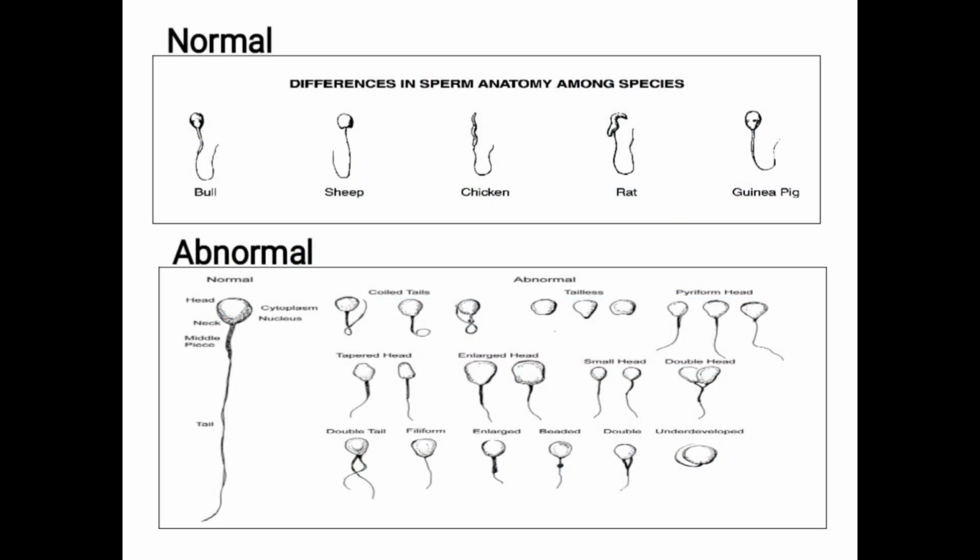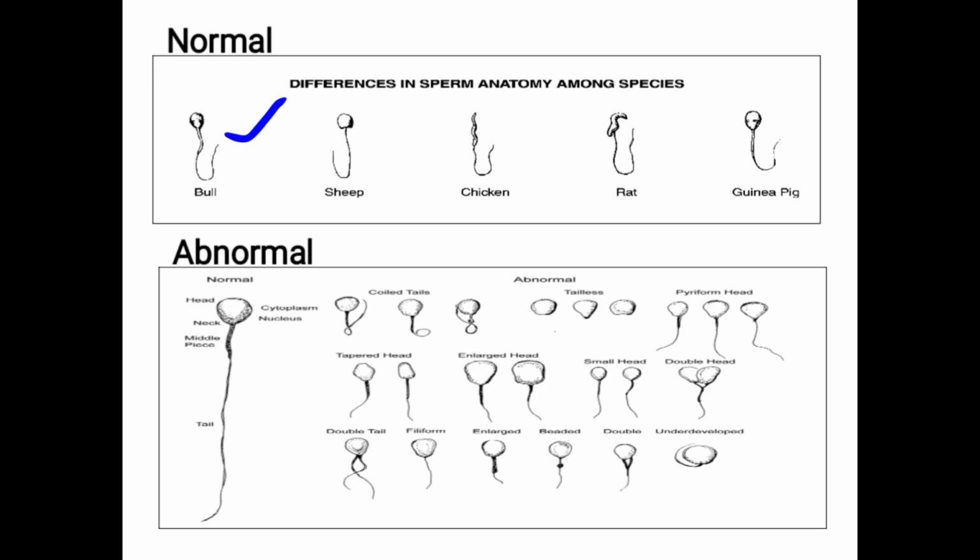Here are the diagrammatic morphological figures shown to understand the normal and abnormal morphological changes in species like the bull.